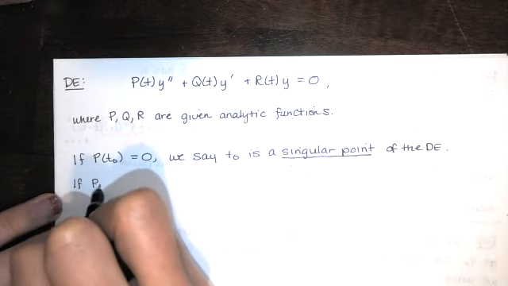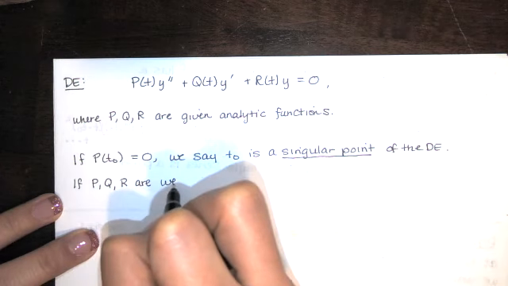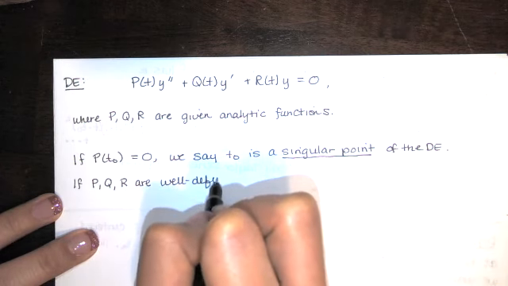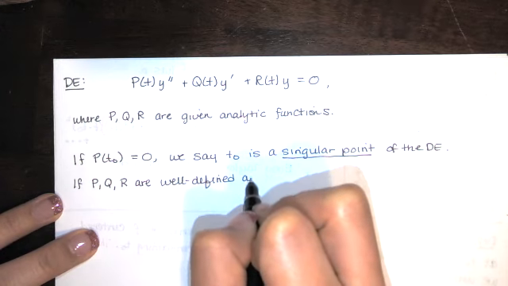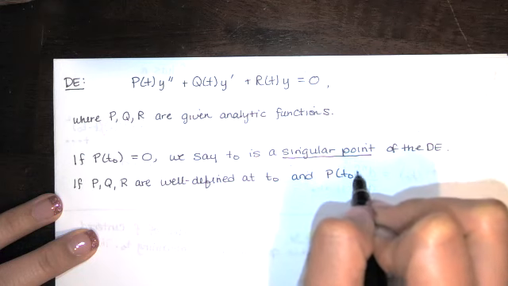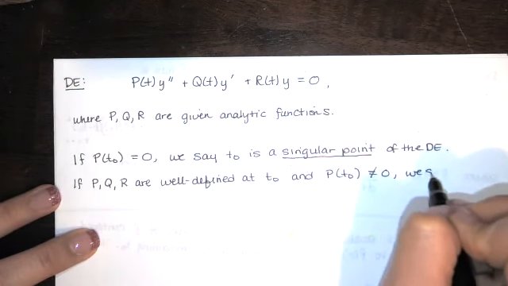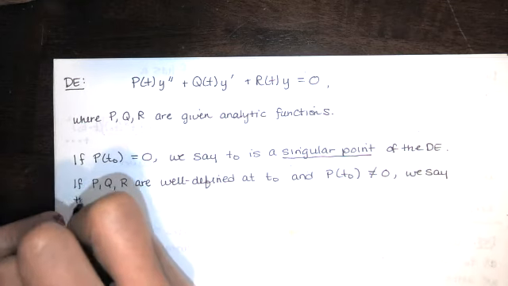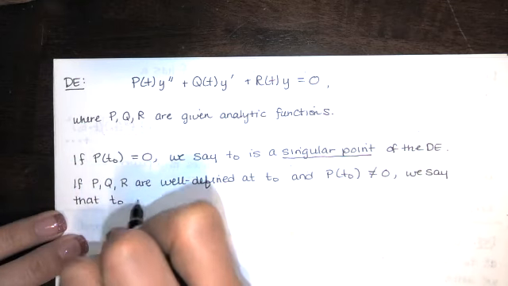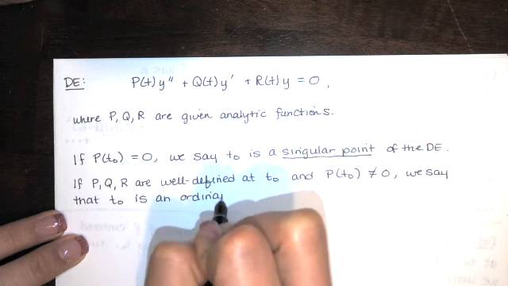Now, if P, Q, and R are well defined at t naught, and P of t naught is not equal to 0, then we say that t naught is an ordinary point of the differential equation.